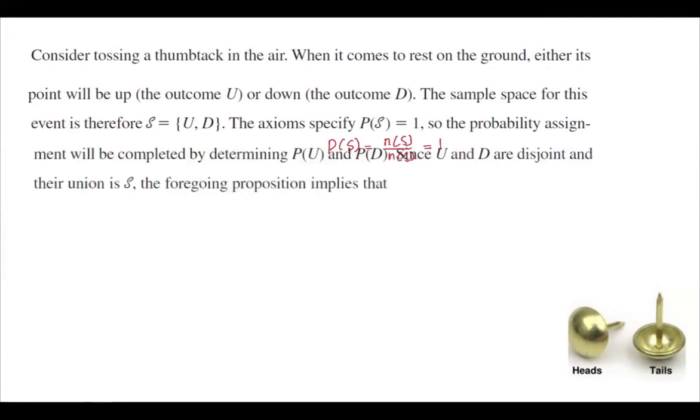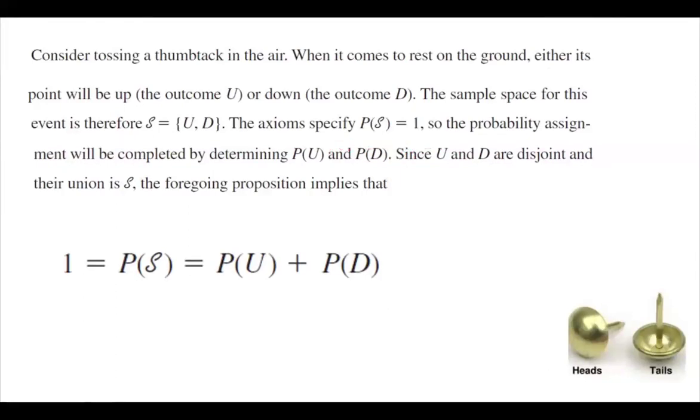And the events up and down are disjoint. There is no intersection between them. So using the third axiom, the probability of U plus the probability of D is equal to the probability of the sample space, and we just showed that it is equal to 1. So again, the probability of S is equal to n of S divided by n of S, which is always 1.